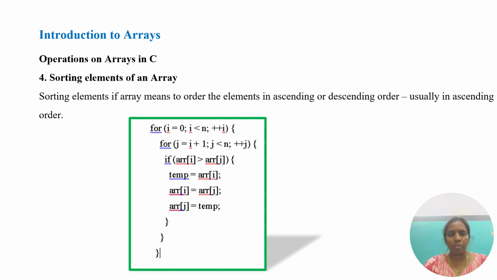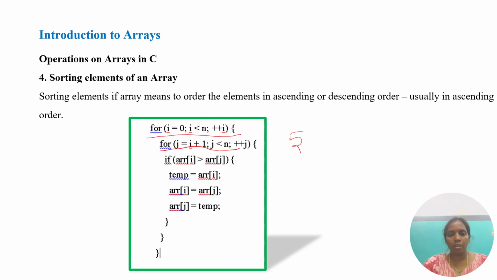Sorting of an array. This is a small code snippet showing how to sort in ascending or descending order. This is the outer loop, for how many numbers. For example, there are 5 numbers in an array and we have to sort them in ascending or descending order, for which we are using an inner loop to sort these elements.